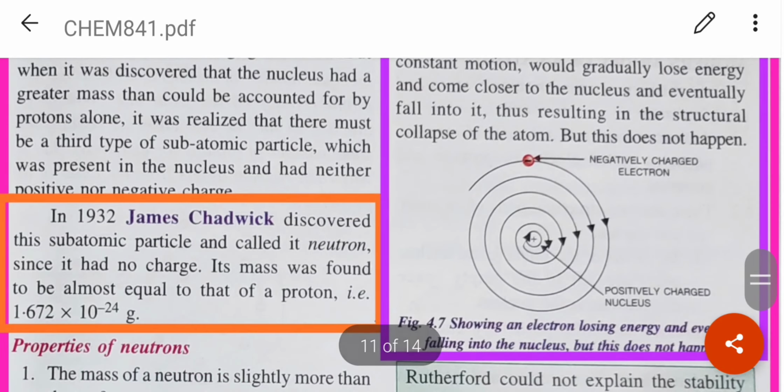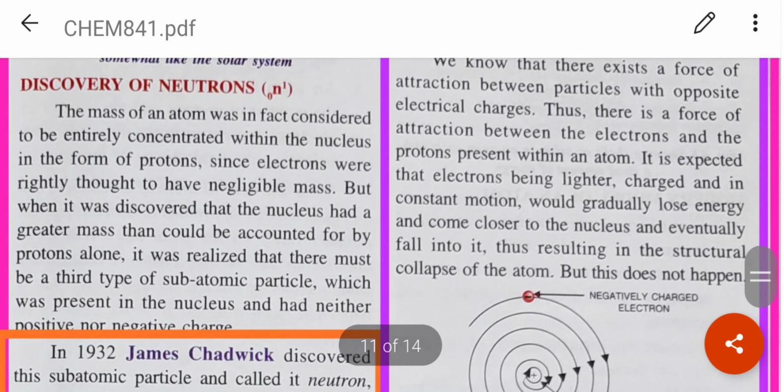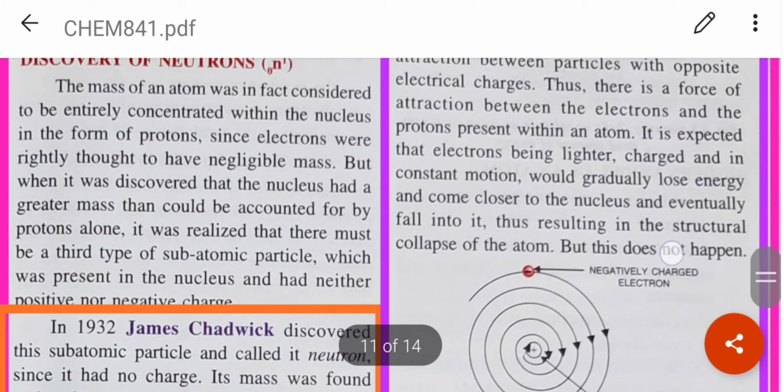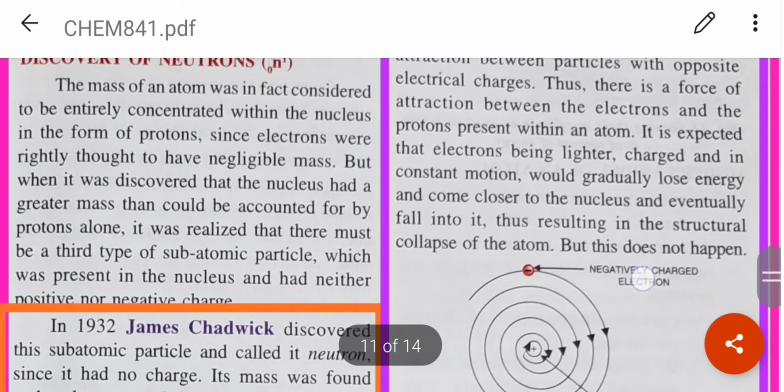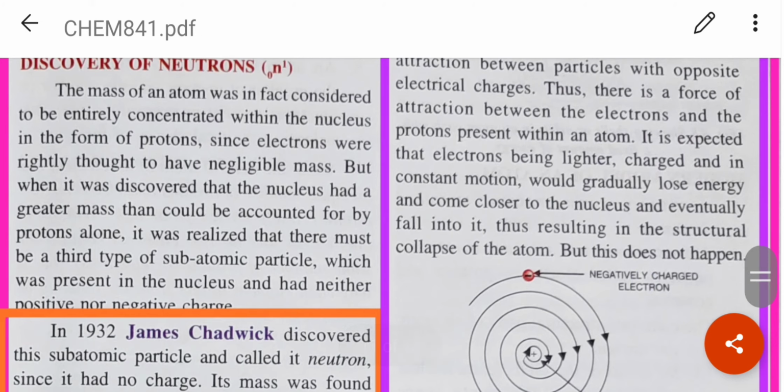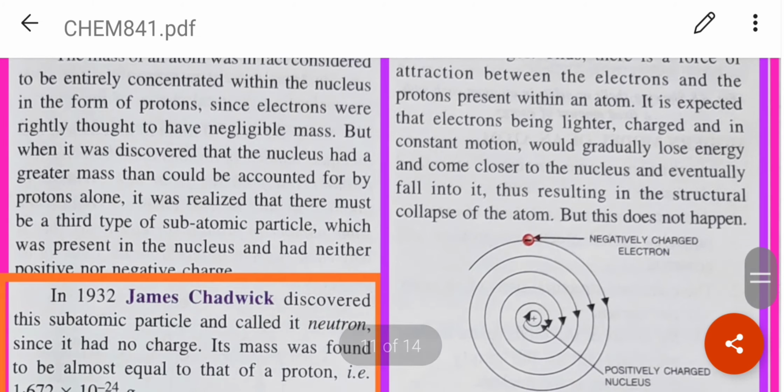Now, if we follow Rutherford's atomic model, we know that there is a force of attraction between oppositely charged particles. Okay, so there must be some force of attraction between the protons present within an atom and the electrons revolving around the nucleus.